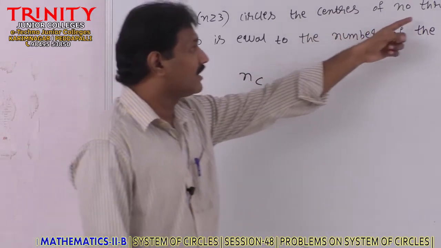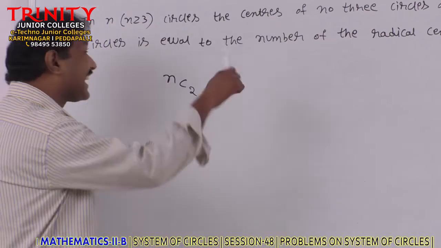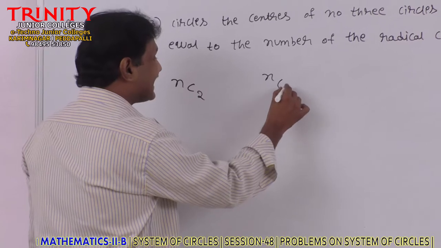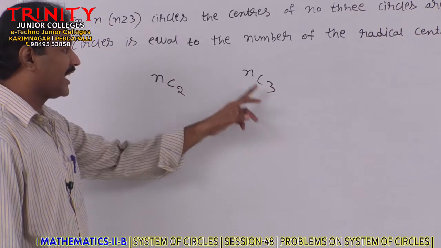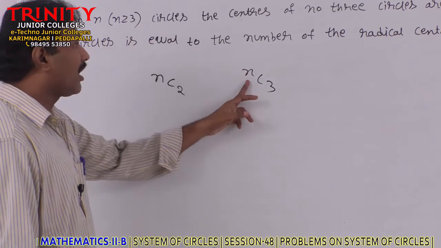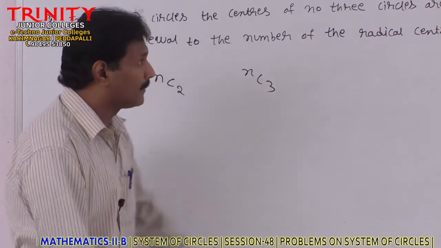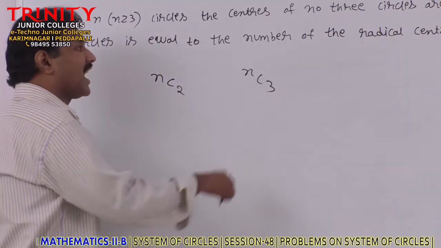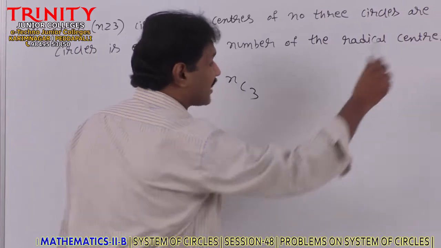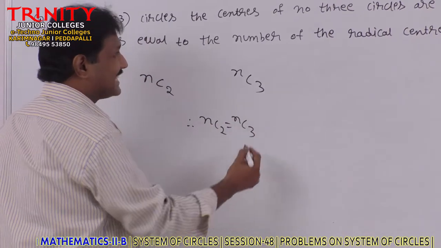If no 3 circles are collinear, the number of radical centers possible is nC3. In this problem, the number of radical axes equals the number of radical centers. Therefore, nC2 equal to nC3.